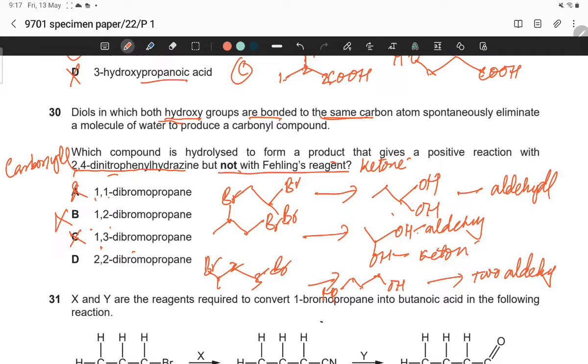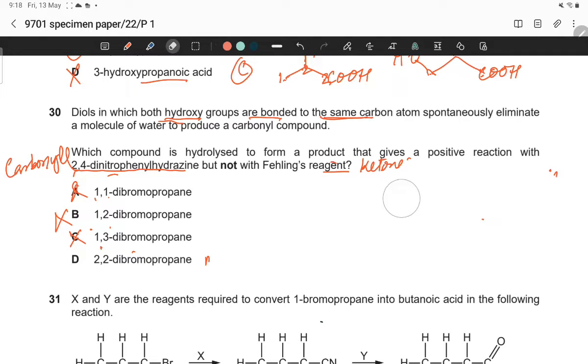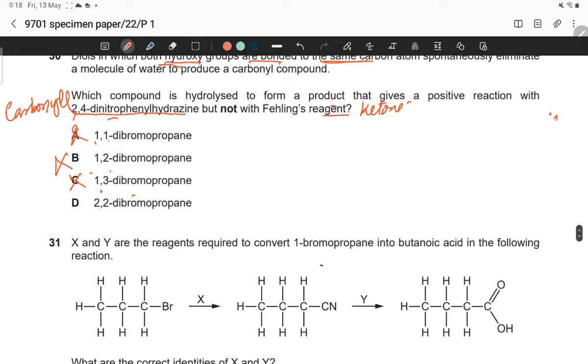Now let's check D. 2,2-dibromo propane, 2,2-dibromo, 1, 2, 3.